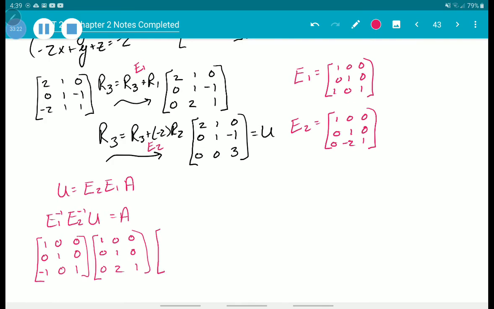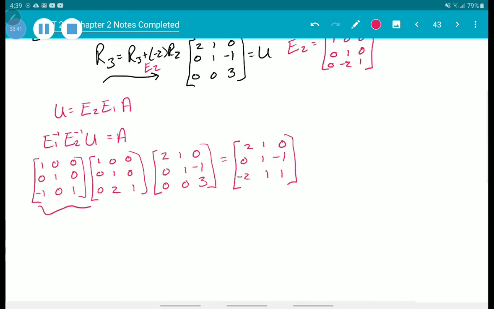Our U is this. And this is equal to A, which is what we started with. So that's going to be L when we multiply together.